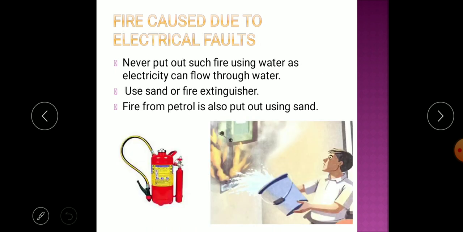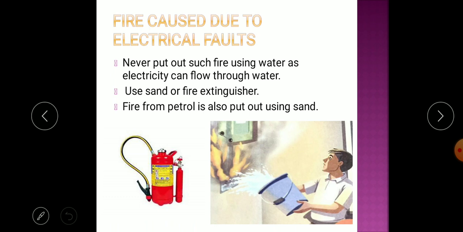Coming to the next cause of fire, which is caused due to electrical faults, that is, when you are dealing with any electrical appliance. In such a case, never use water to put out the fire. Why? Because electricity can flow through water and you can get an electric shock.